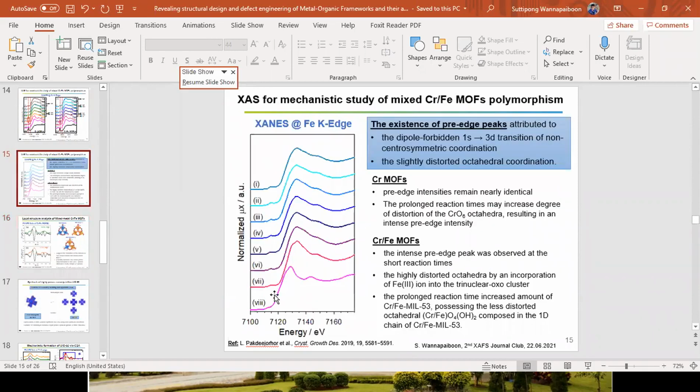Just going back to this one, if I'm not wrong, these two peaks are the standard patterns of the oxide compounds. Yes, these two are standard patterns, but this one is more from 1 to 6. The pink one is iron oxide. Right, and also iron 2 and iron 3 oxide, exactly.